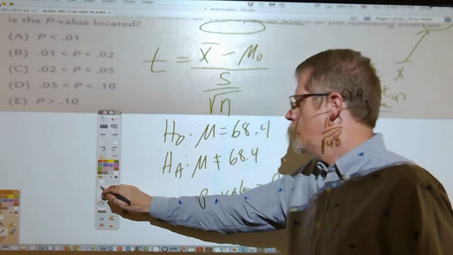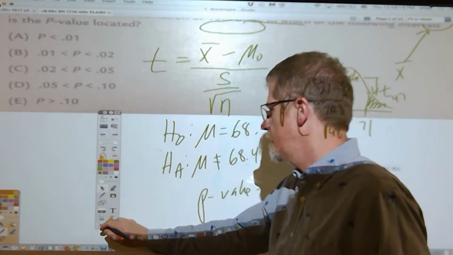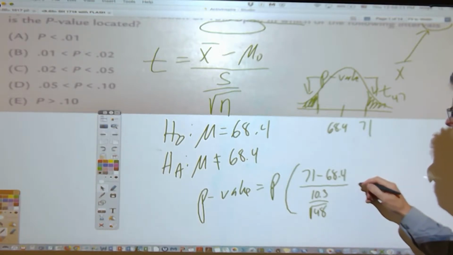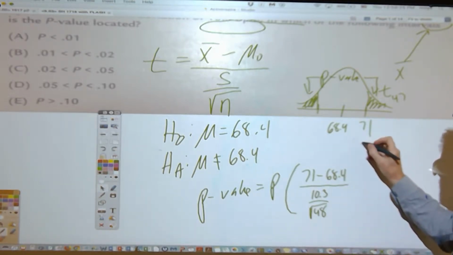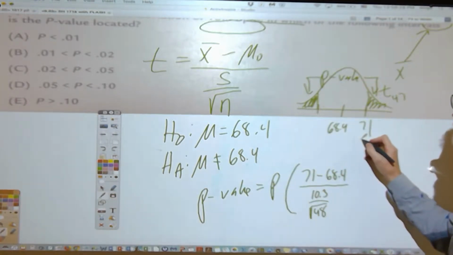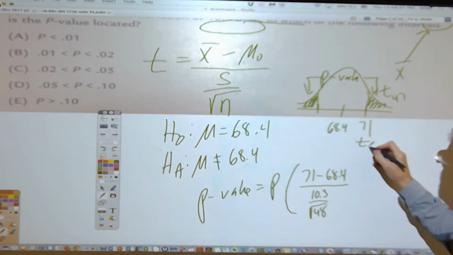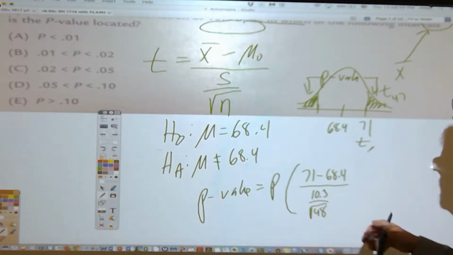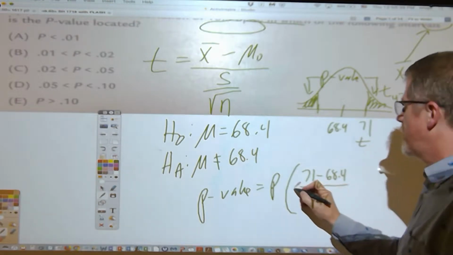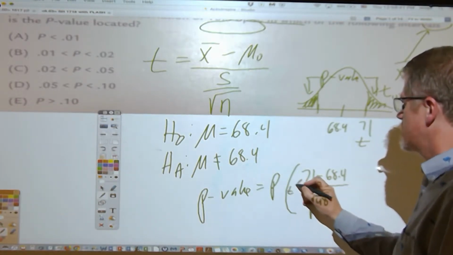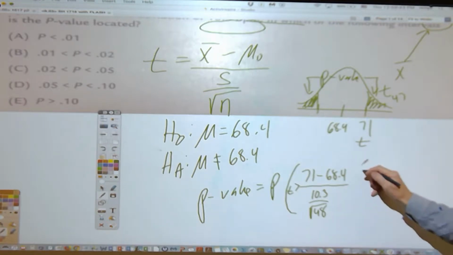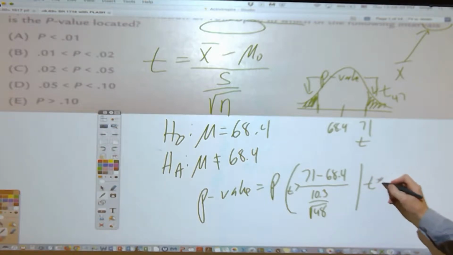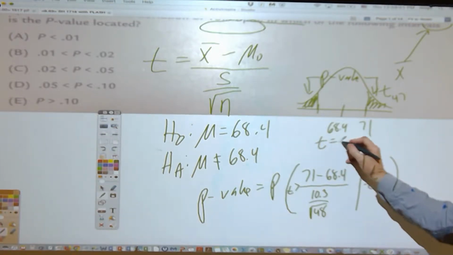The observed test statistic has got to be greater than this. So what's the probability that t is greater than this number, given that the test statistic is equal to 0? The test statistic associated with the hypothesized mean is 0.